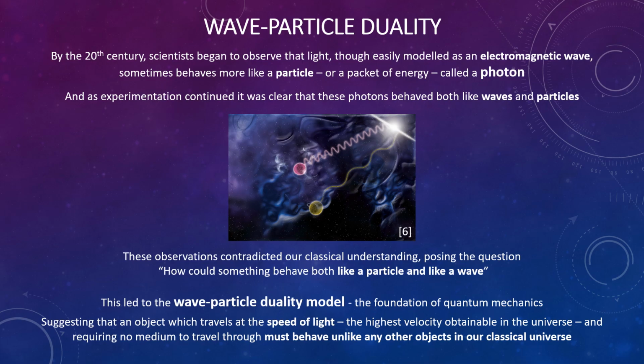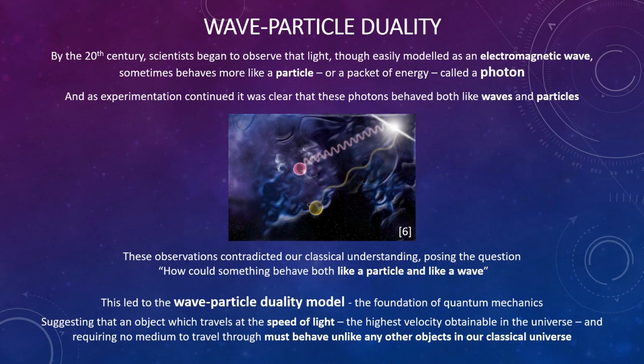It still would often behave like a packet of energy, what we now call a photon. And as experiments continued and progressed, it became really clear that light would behave as both a particle and a wave, giving what we call wave particle duality.